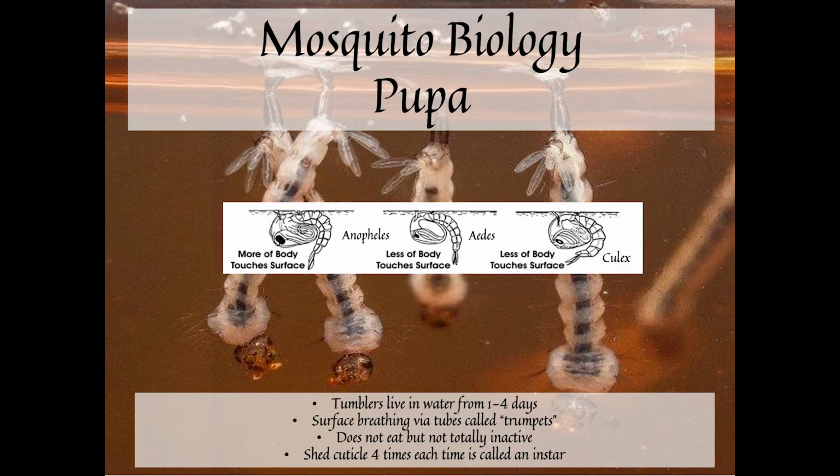While potentially being the easiest life stage to identify, species identification at the pupal stage can be quite complex. However, through observation, it can be seen that Anopheles mosquito pupae have a high body surface to water surface contact rate, while Aedes and Culex have fewer points of contact.